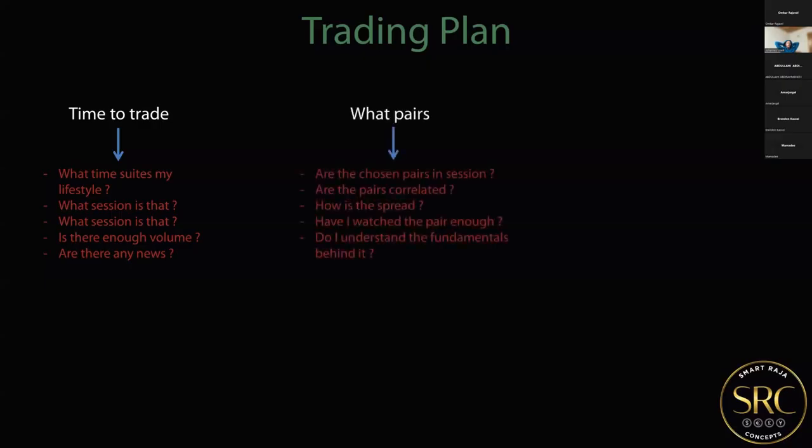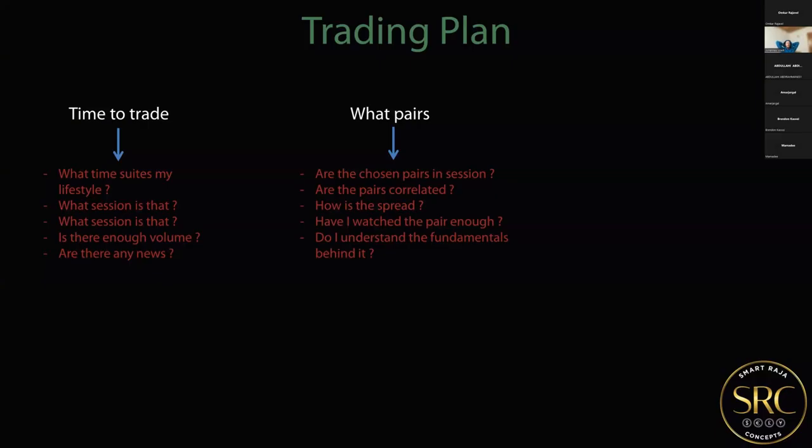Next, you're going to choose pairs. It's very, very simple. If you're choosing, let's say, New York session, choose a currency pair that's being influenced by just one currency, and you got to watch it. A lot of times guys say, oh, I'm going to choose pound USD, and I'm going to just focus on pound USD, and you watch pound USD for let's say a week, 2 weeks, and you're like, man, there's no volume in this, so let me switch to something else.